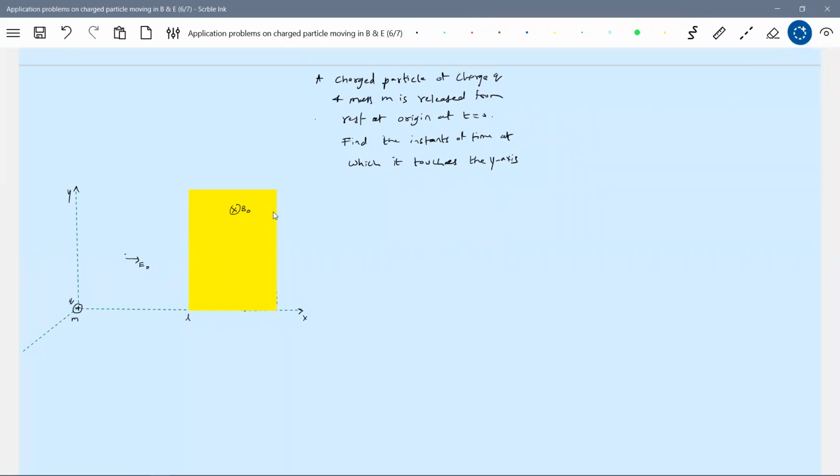A charged particle of charge q and mass m is released from rest at the origin at t equals 0. Find the instant of time at which it touches the y-axis. And the magnetic field region is present throughout.